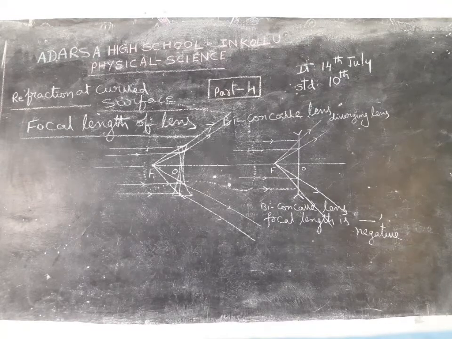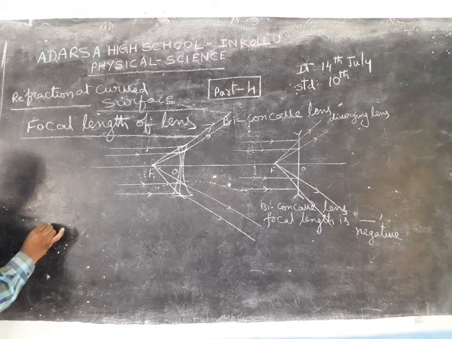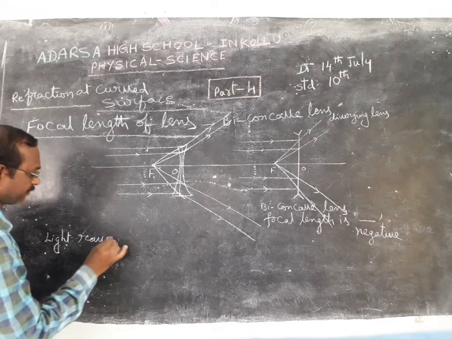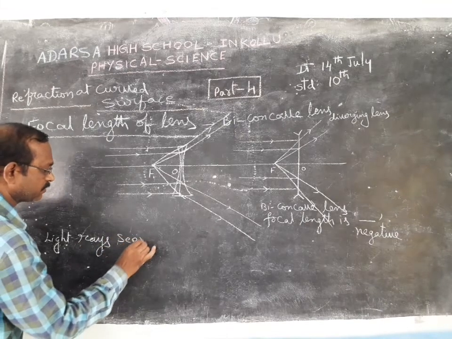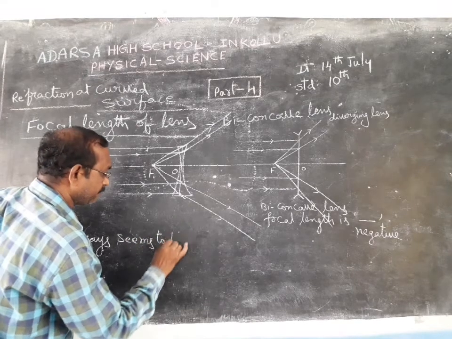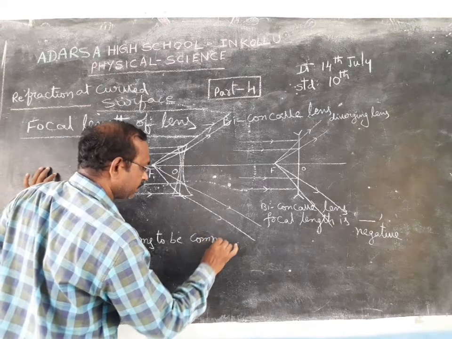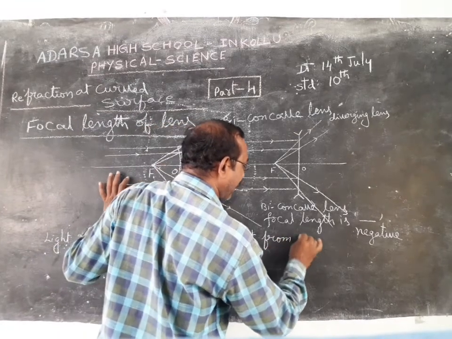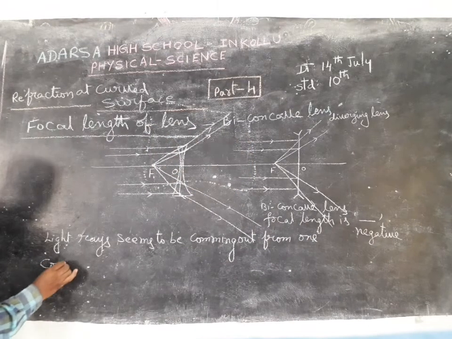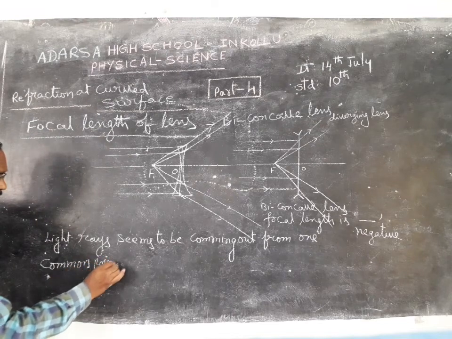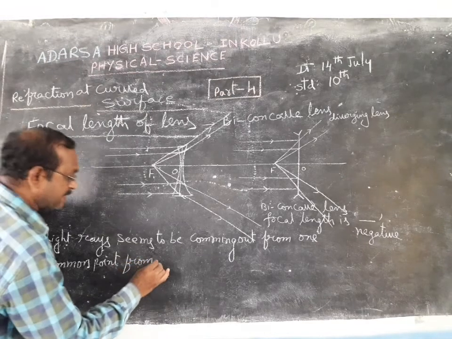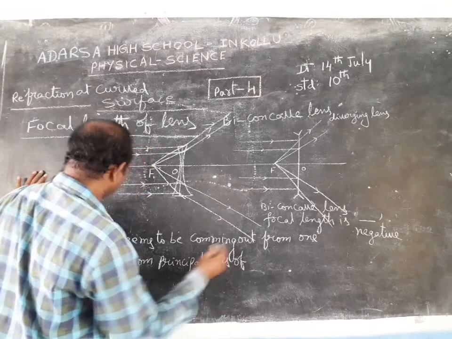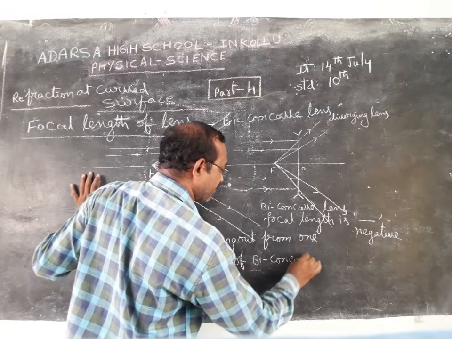Light rays seem to be coming out from one common point on the principal axis of the biconcave lens.